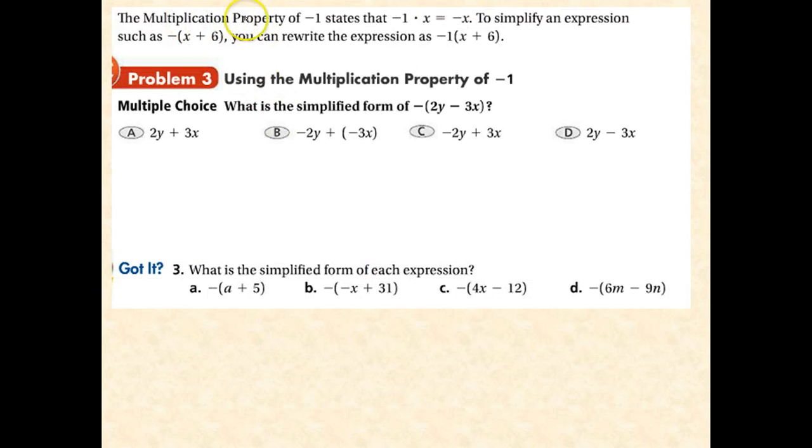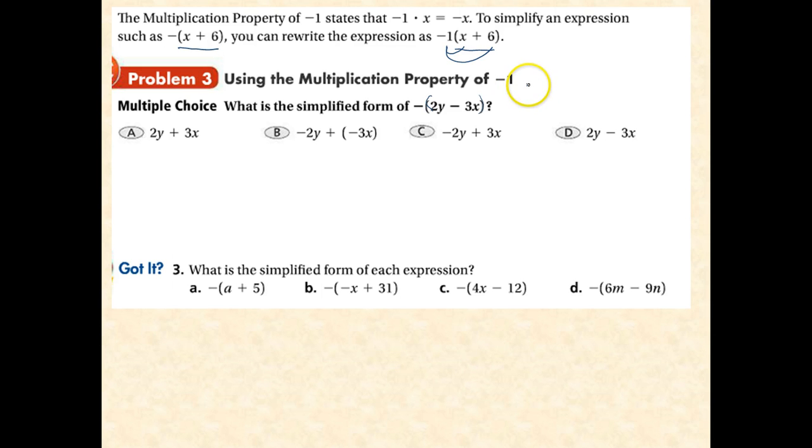So we've said before that the multiplication property of -1 says that -1 times x is equal to -x. So if we see an expression such as this, negative this is the same as -1 times that. And now we can see that the -1 can distribute using the distributive property. So look at this example. What is the simplified form of negative 2y minus 3x?